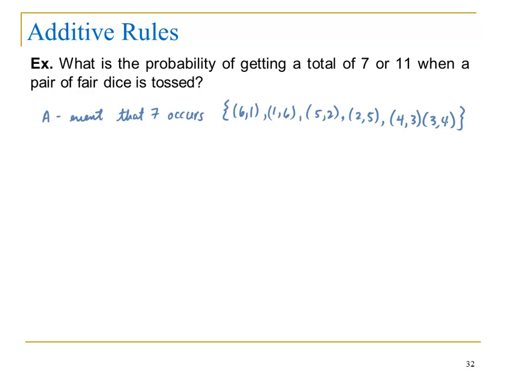Let's do the same thing for event B, that 11 occurs, of course. 6 and 5, 5 and 6. Those are the only combinations. So you have 6 outcomes for the first one and 2 for the second one. What is the total number of combinations if you take into account all the numbers? Correct, 36.